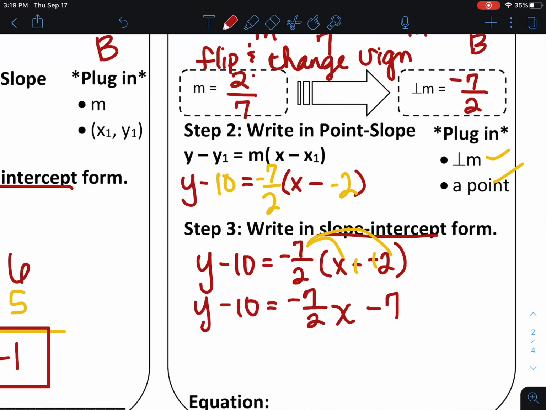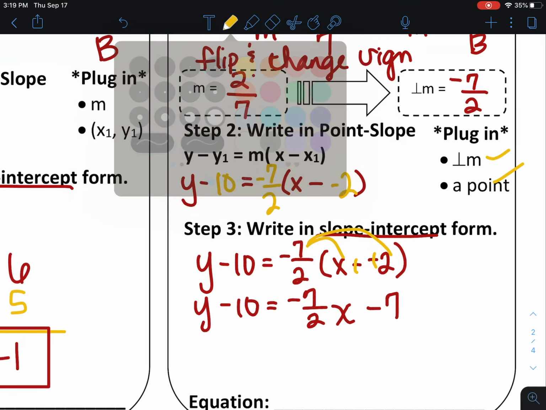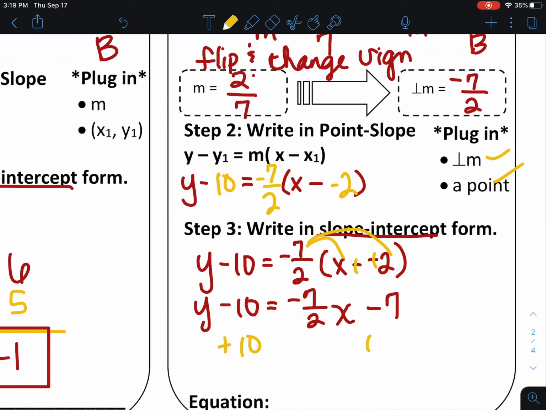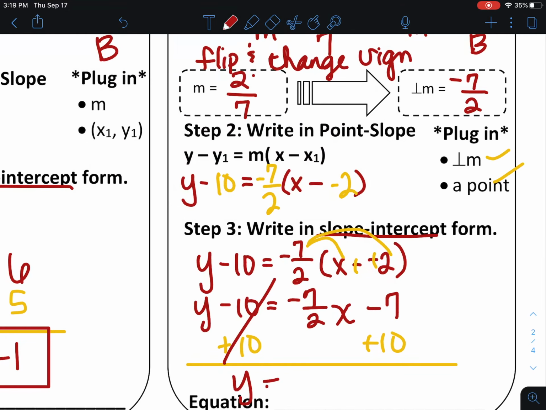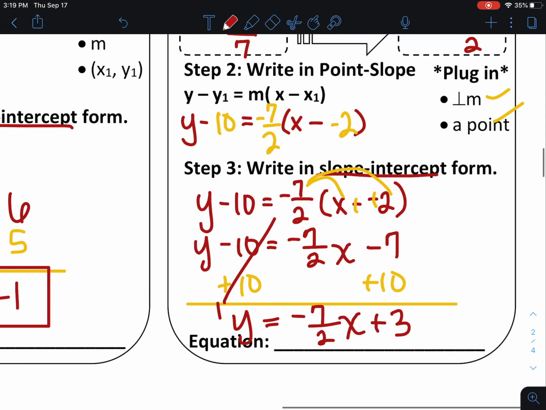Yep, the 2's will cancel out. Now I'm going to go ahead and add 10 to both sides so I can get rid of that negative 10. And then that's going to give me y equals negative 7 over 2x plus 3. And that's it. That's our equation.